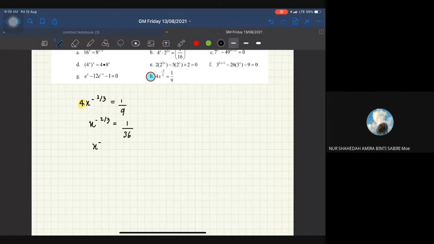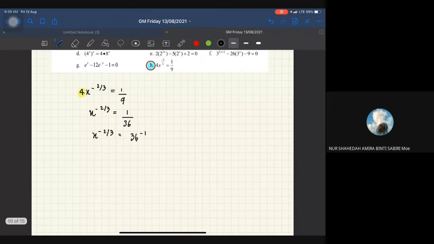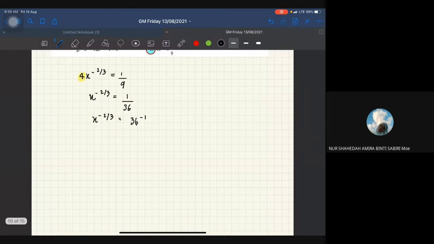Okay, so sekarang x negative 2/3 equal to 36. Okay, so saya nak bagi dia duduk dekat atas. So I want it to be on the same level with our x. So dia akan jadi 36 to the power of negative 1. Macam tu. Okay, and then saya tak nak dia jadi power negative.